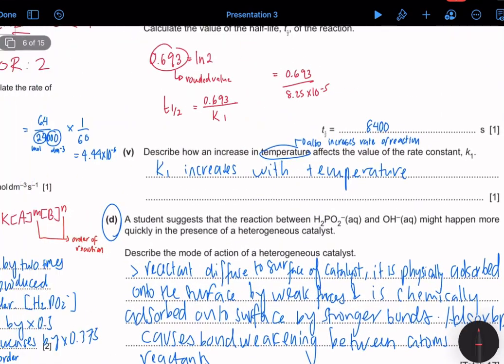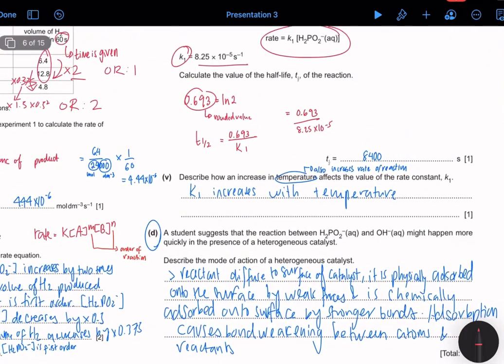Alright, question D. Students suggest that the reaction between H2PO2 minus and OH minus might happen more quickly in the presence of a heterogeneous catalyst. Describe the mode of action of a heterogeneous catalyst.